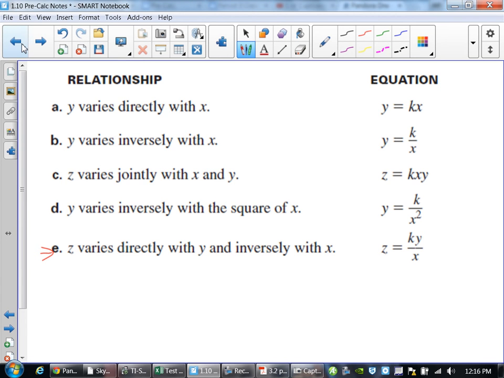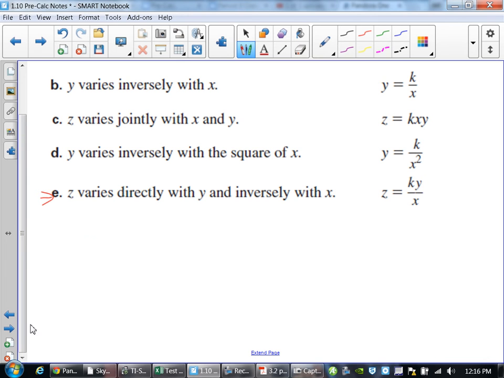For example, actually, let's do inverse. Sorry, let's do inversely. We'll say x and y vary inversely.